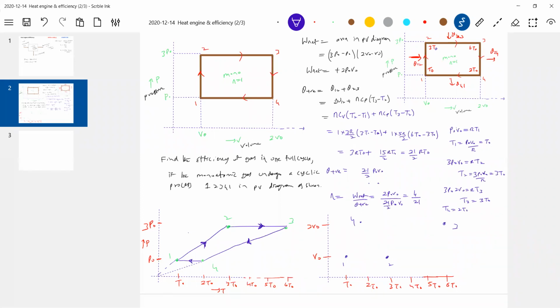Okay, we have to join the curve. 1, 2 isochoric heating. 2, 3, 3, 4. But again, we have to take care that the VT graph should be a straight line passing through origin. Roughly, it may not be.